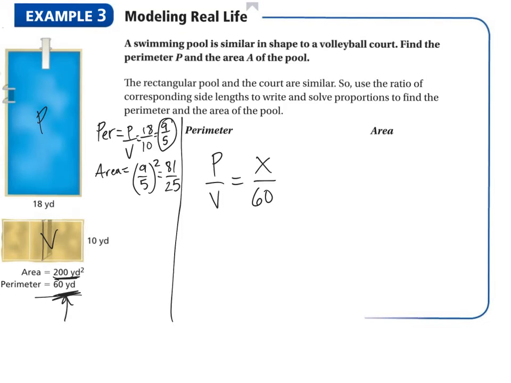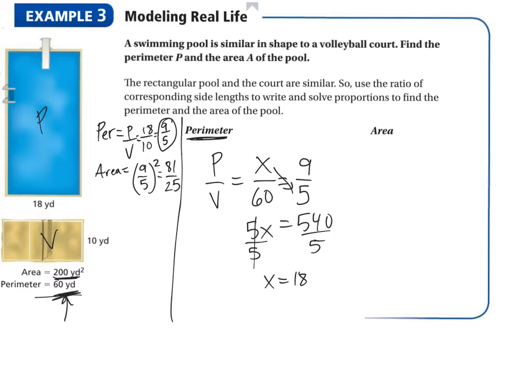Now I'm doing perimeter, so I'm going to use my 9 to 5 ratio. Now I multiply across, and I get 5x, and 9 times 60 would be 540, and I divide both sides by 5. And I get x is equal to 108.